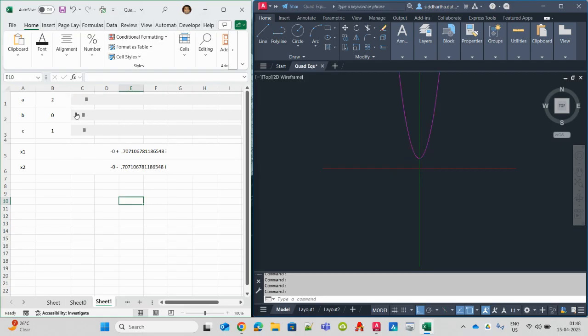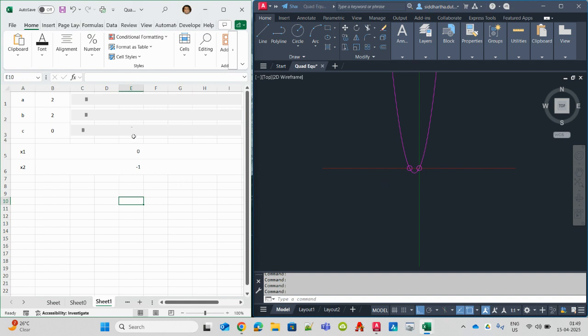So let's see if we can change the graph and get a real solution. Now as we see, we can find two real solutions, 0 and minus 1. That's why these two roots are plotted here.